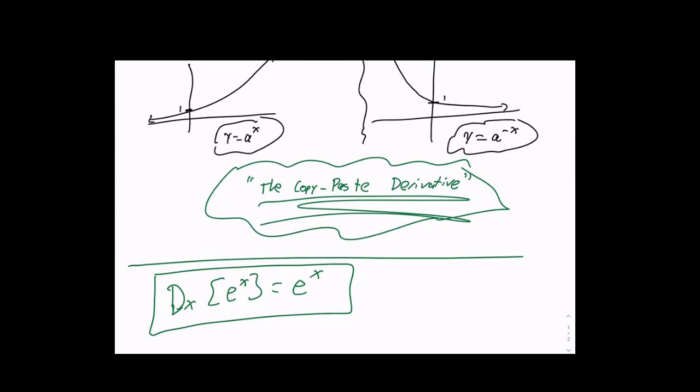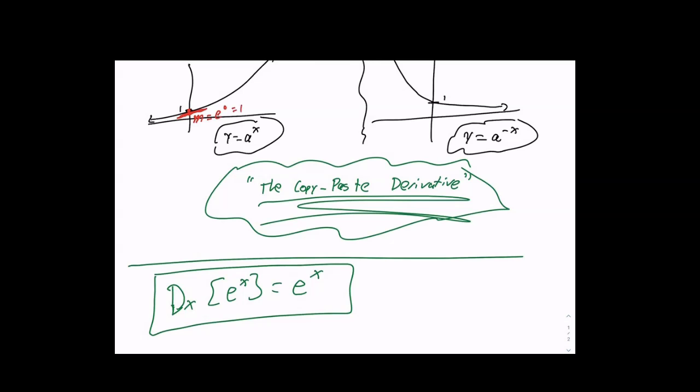So in other words, if I were to look at this graph up here and I were to do right here, the slope of that tangent is also 1, because it is e to the 0, which is 1.